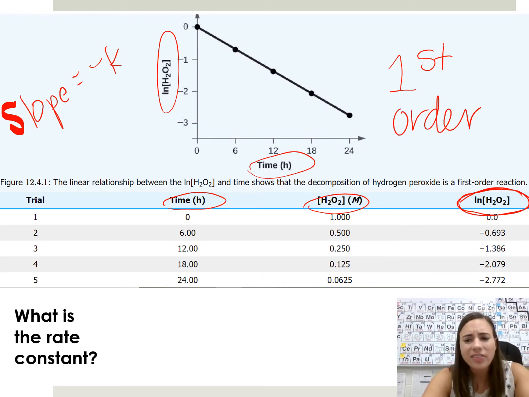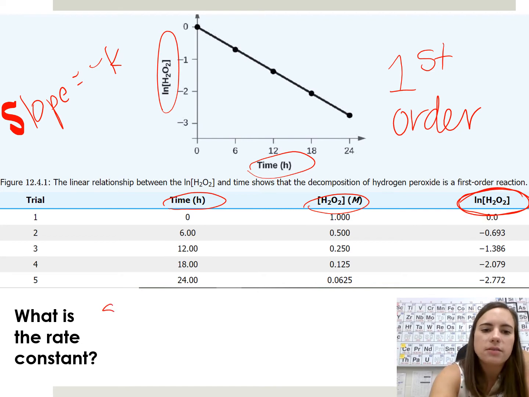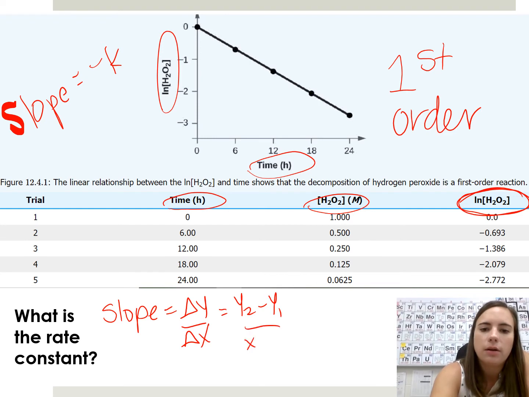Now, if you plot this in your calculator, you can absolutely use the linear regression to find your slope. Or we can do it the old-fashioned way, and we know that slope is equal to the change in y over the change in x, y2 minus y1, x2 minus x1.